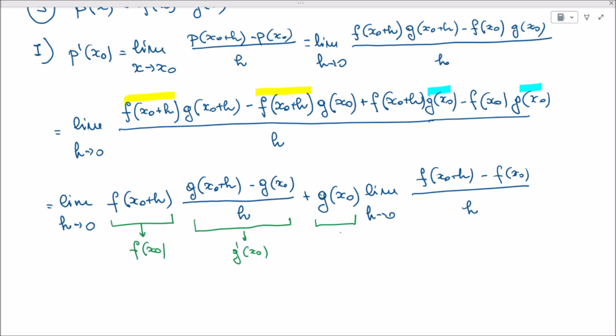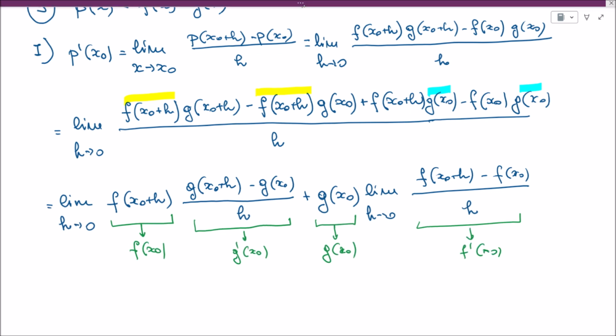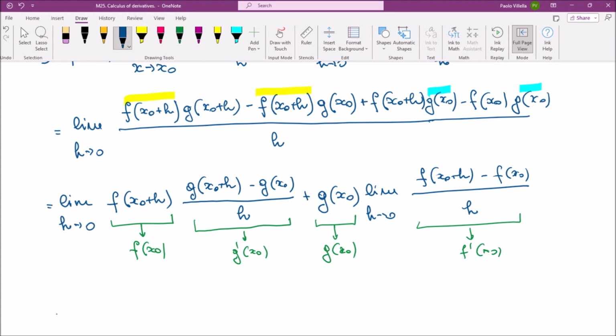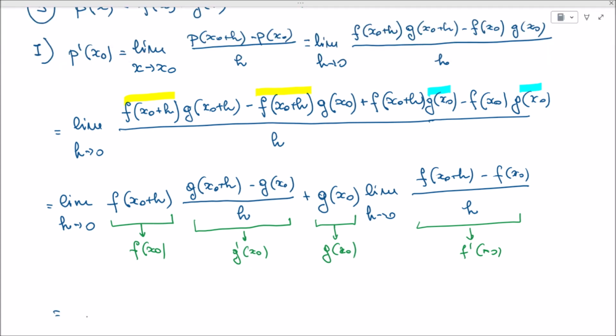This of course will remain a constant g of x naught, and instead this will tend to f prime of x naught. So we can conclude saying that this is f of x naught g prime of x naught plus f prime of x naught g of x naught.